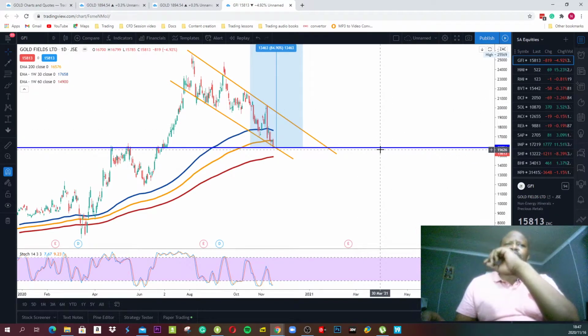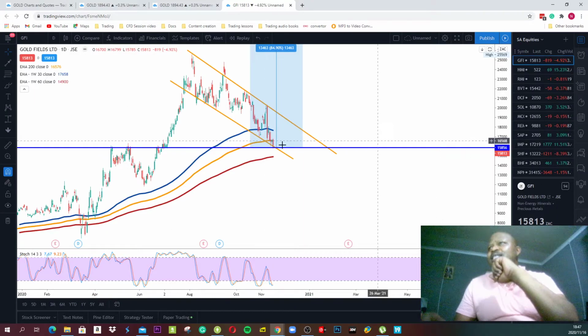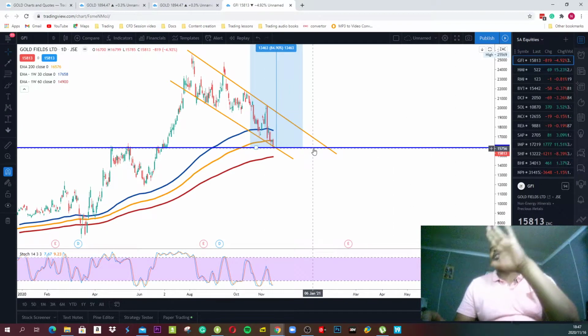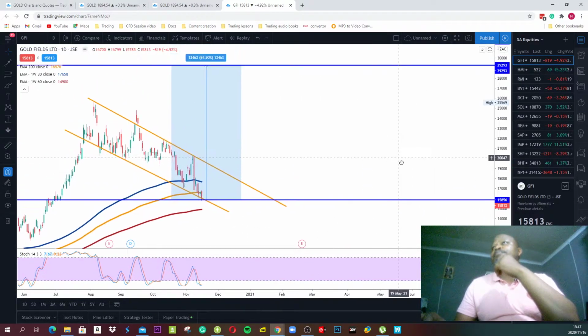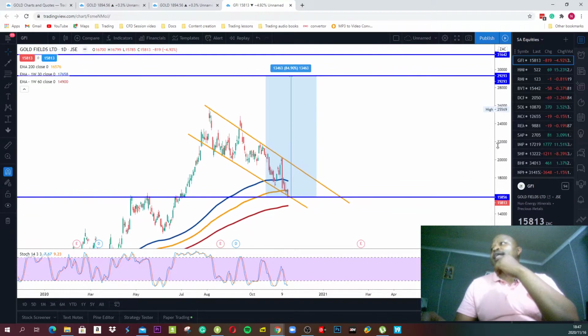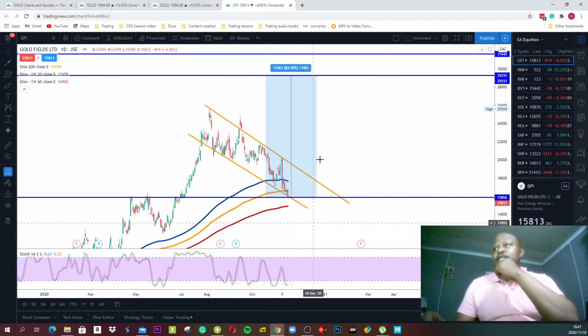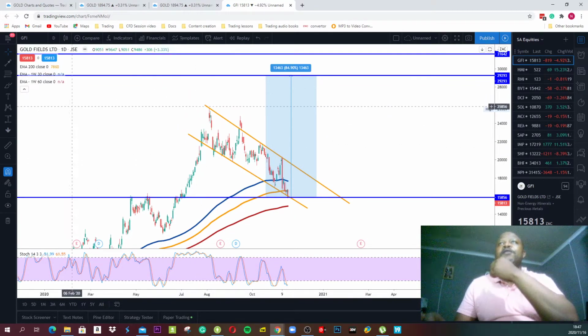I'll jump back to the gold chart in just a bit. So they're looking to be testing their support levels. We'll see how they react to those, but also I'm looking at targeting, using the height of the flag, that 292 rand level.